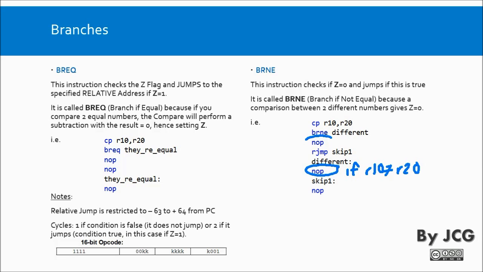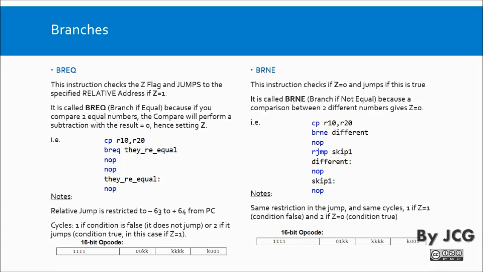And this instruction here is only going to execute if register 10 is equal to register 20. So this code is very similar to the if-else code. And we have the same restrictions as the previous example. We have from -63 to +64 from the current program counter, and we have also the same cycles.